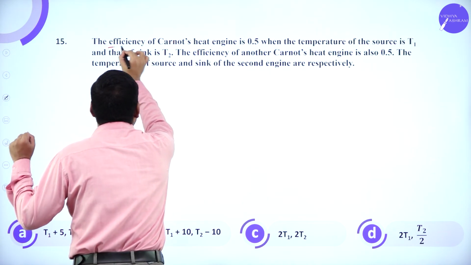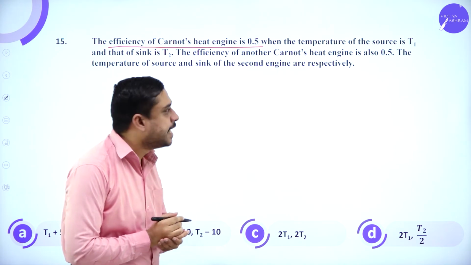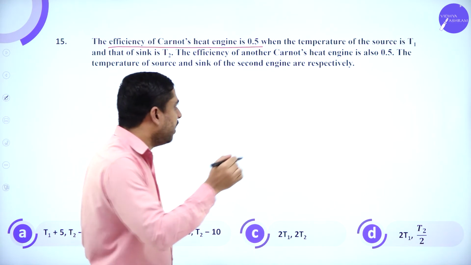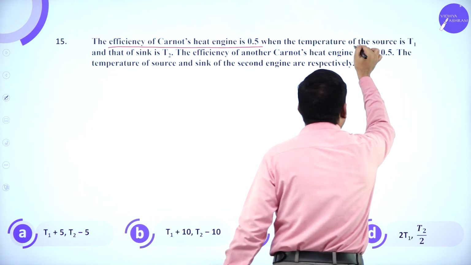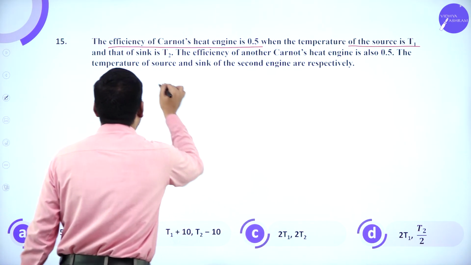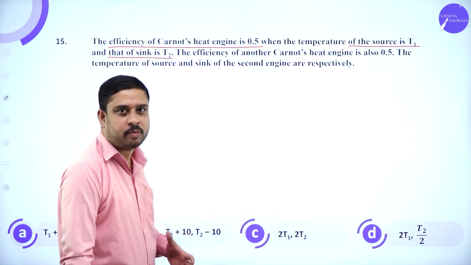The efficiency of a Carnot's engine is 0.5 when the temperature of the source is T1 and the temperature of the sink is T2.